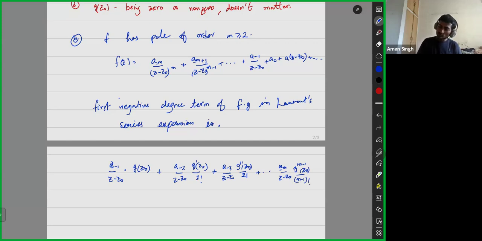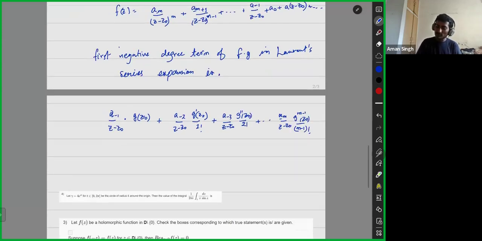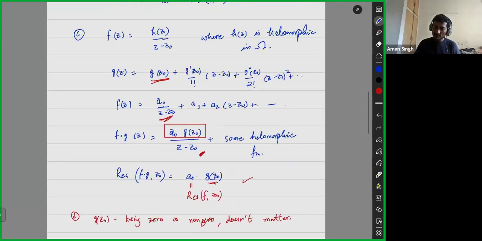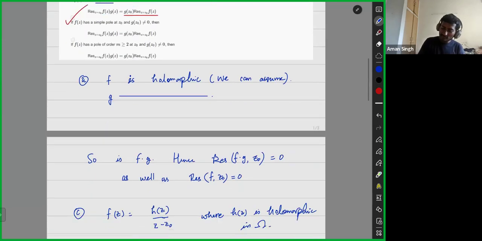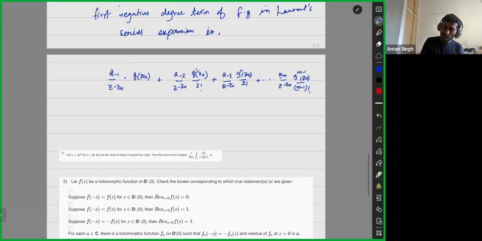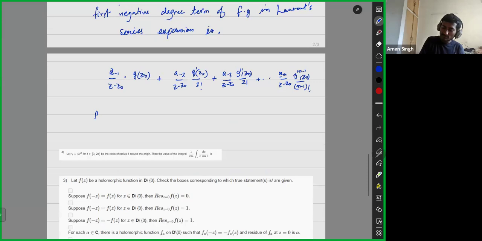So we get this big number, and here it is said that this is the left hand side. Now we can calculate the residue of f into g at z naught.